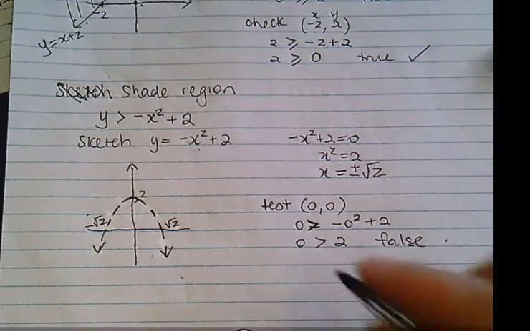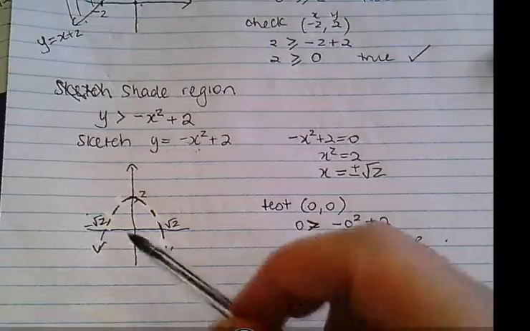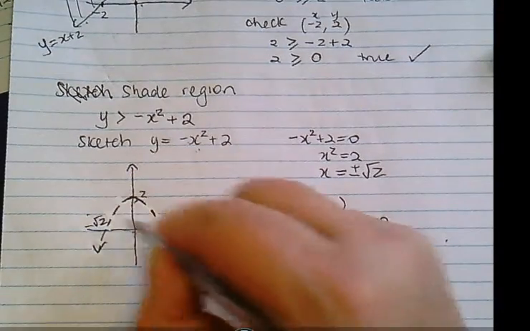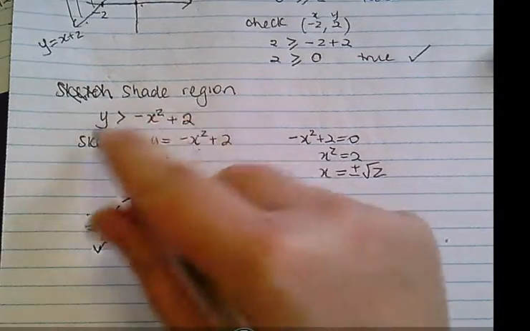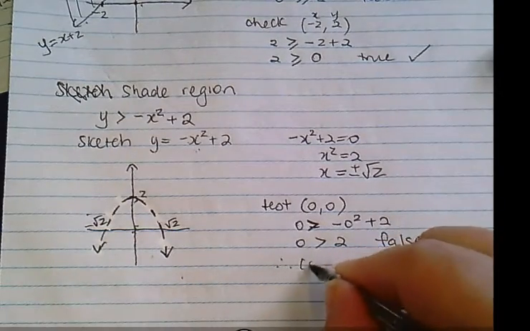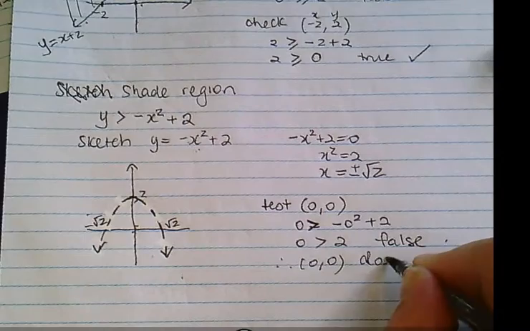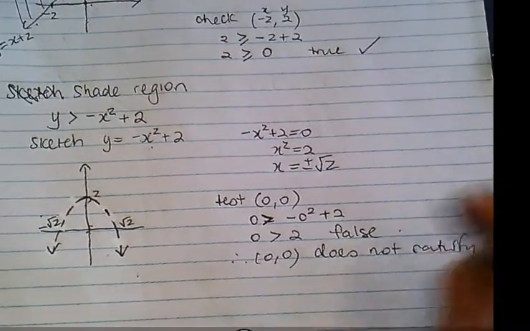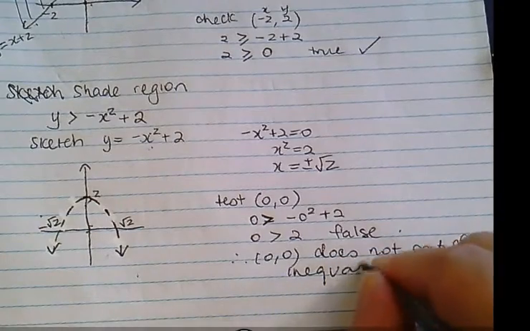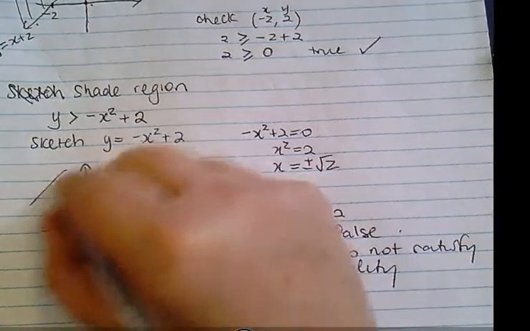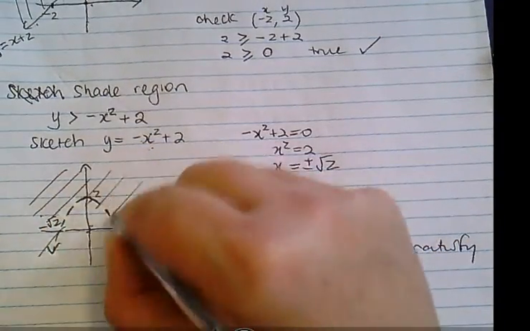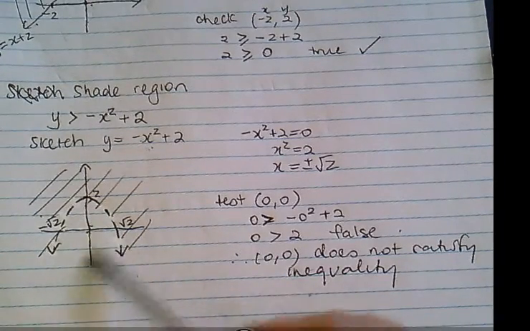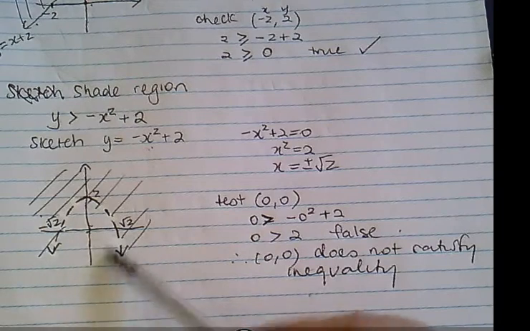So therefore, 0, 0 does not satisfy the inequality. So therefore, it lies out here. If it does satisfy the inequality, you shade inside there.